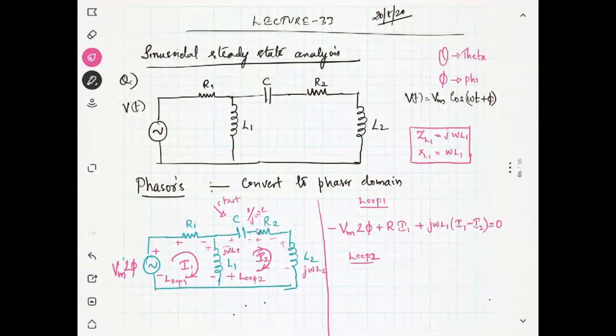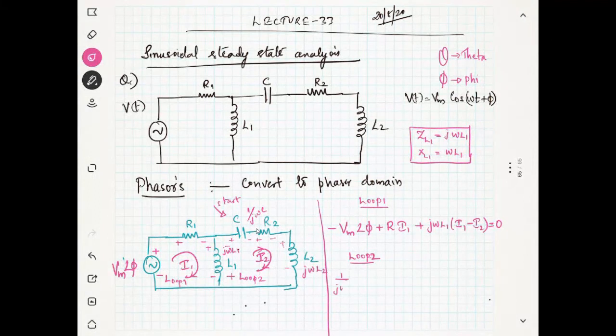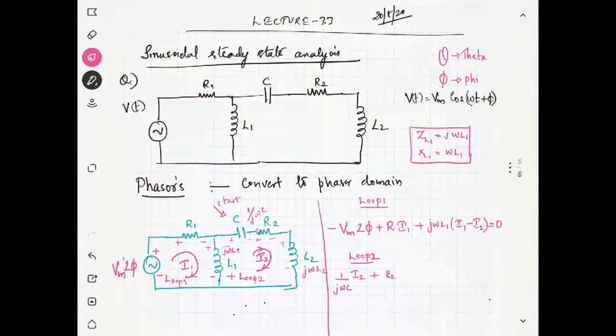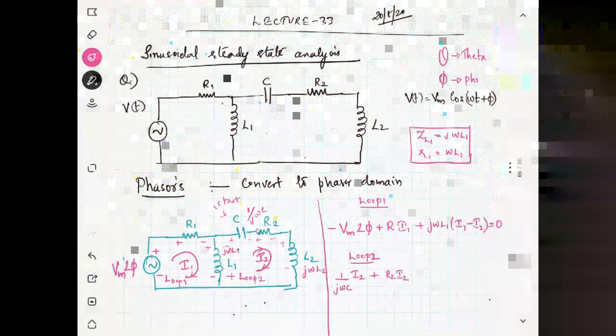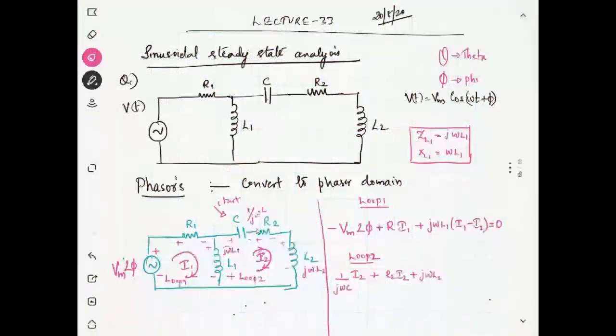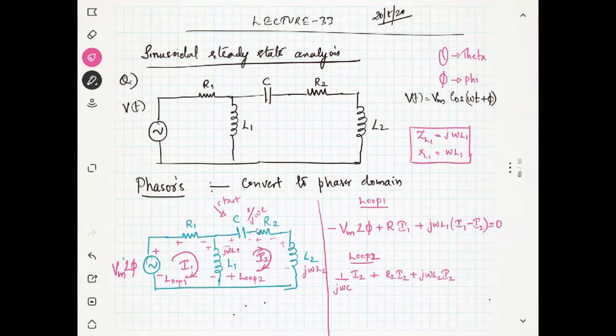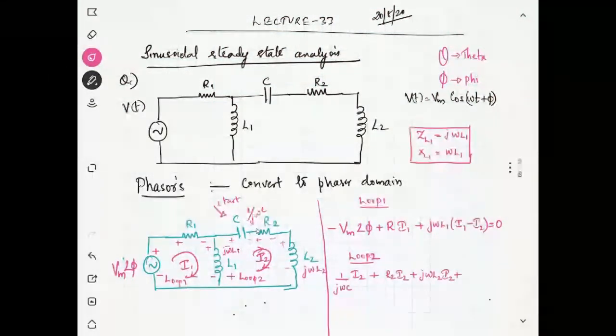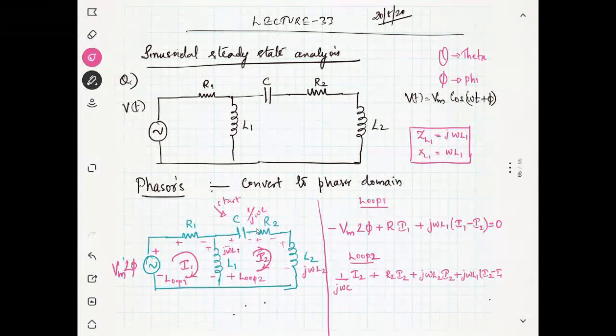So I am going to write the equation. 1 by J omega C into I2, plus R2 into I2, plus J omega L2 into I2, plus J omega L1 into I2 minus I1.